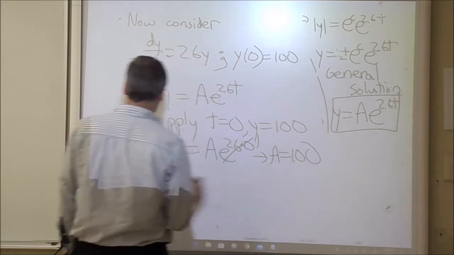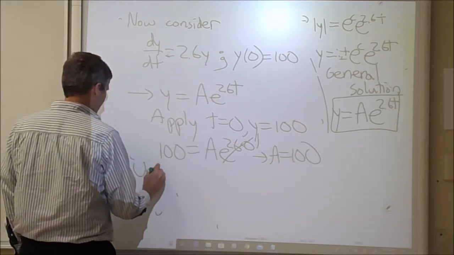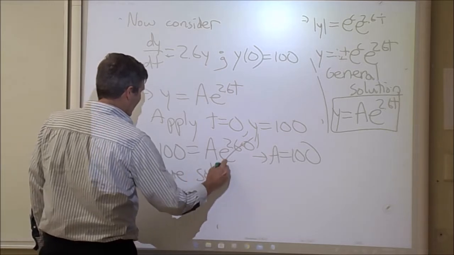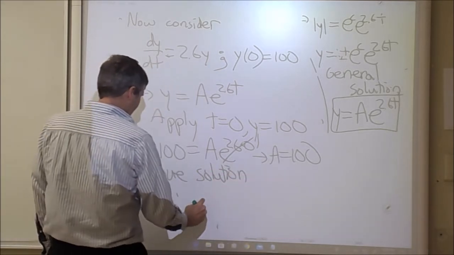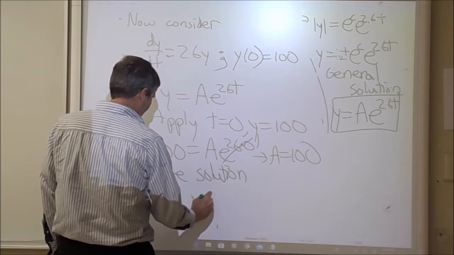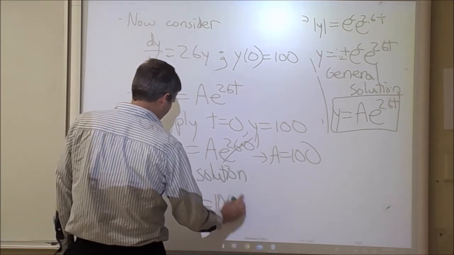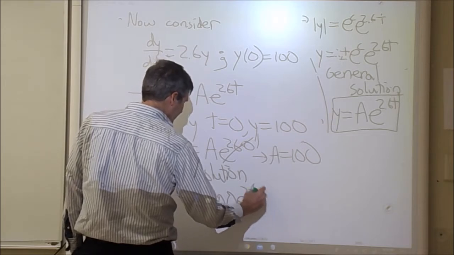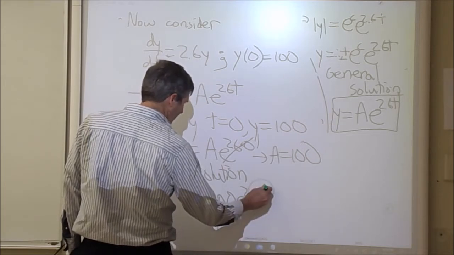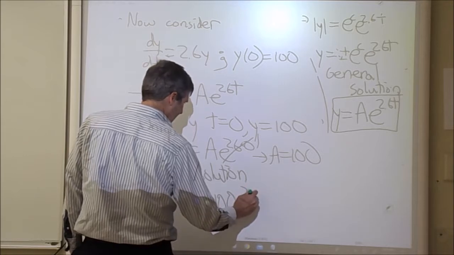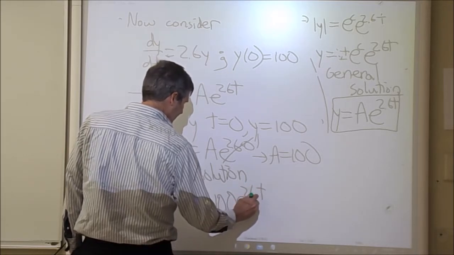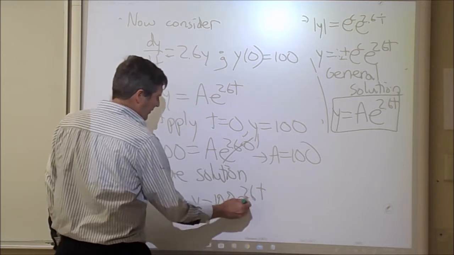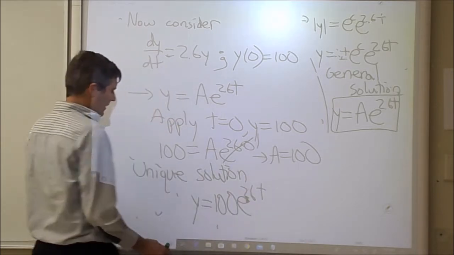And we get a unique initial value problem solution. That's the purpose of the initial value: y is equal to 100 e to the 2.6t. If you check this out, this is a pretty fast growing function.